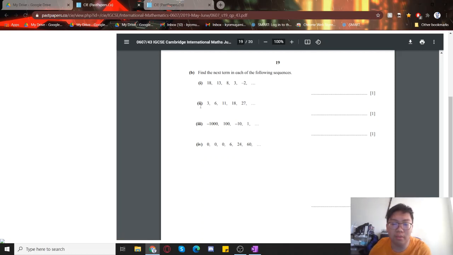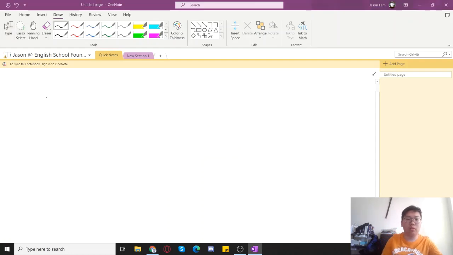This one is going up. Oh, this is a quadratic sequence. I personally prefer doing it by this strange way. Sequences usually follow the general form an squared plus bn plus c, where n is the nth term in the sequence.